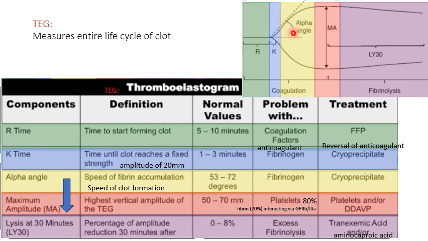So if there is a decrease in alpha angle, you will again have to think that there is a problem with the fibrinogen level, a hypocoagulable state, and you may have to give cryoprecipitate again. The normal angle is between 53 and 72. So if it is decreased, then you will have to give fibrinogen.